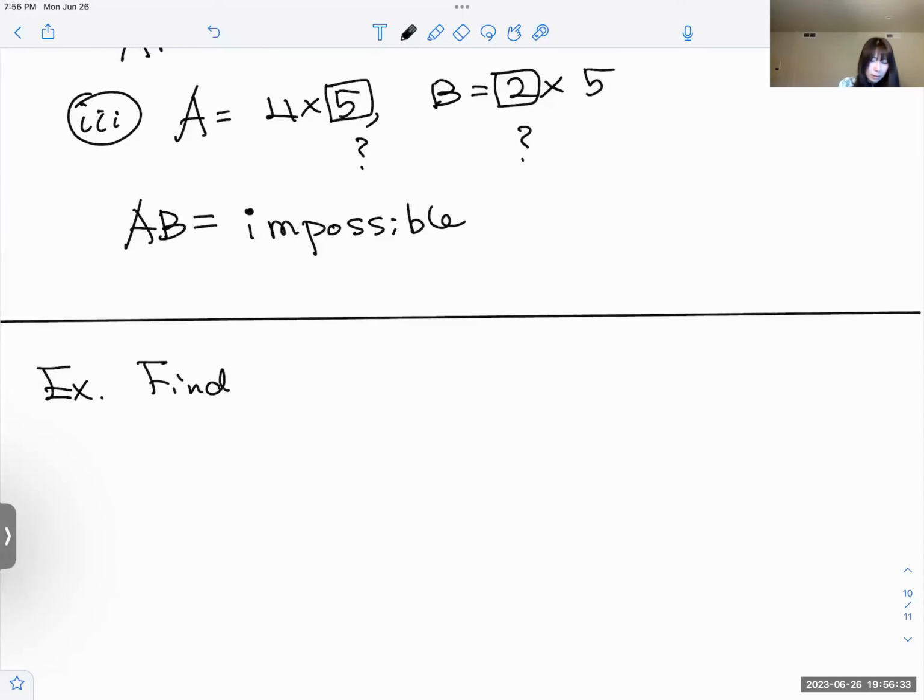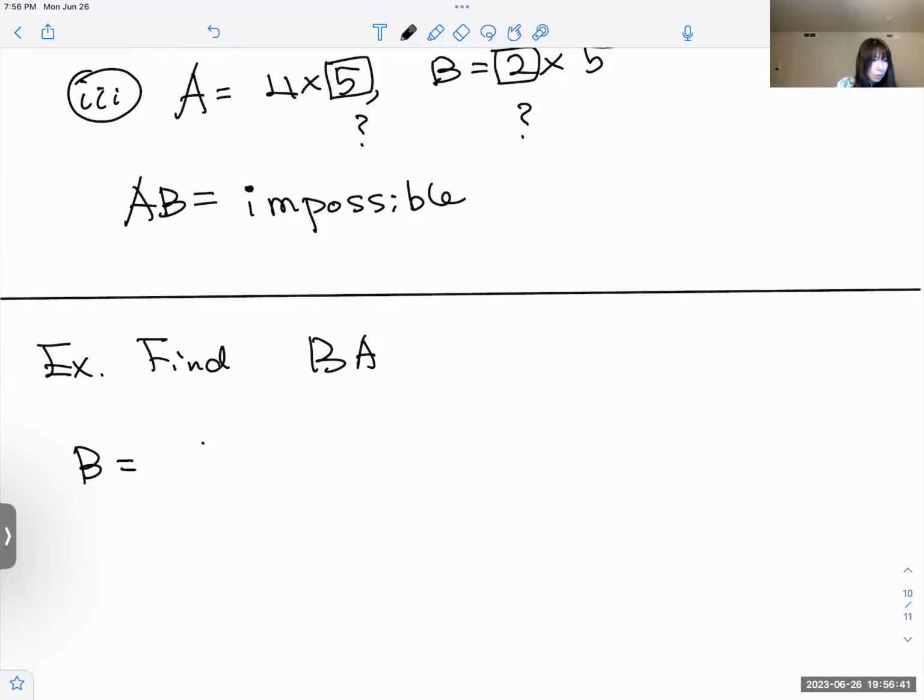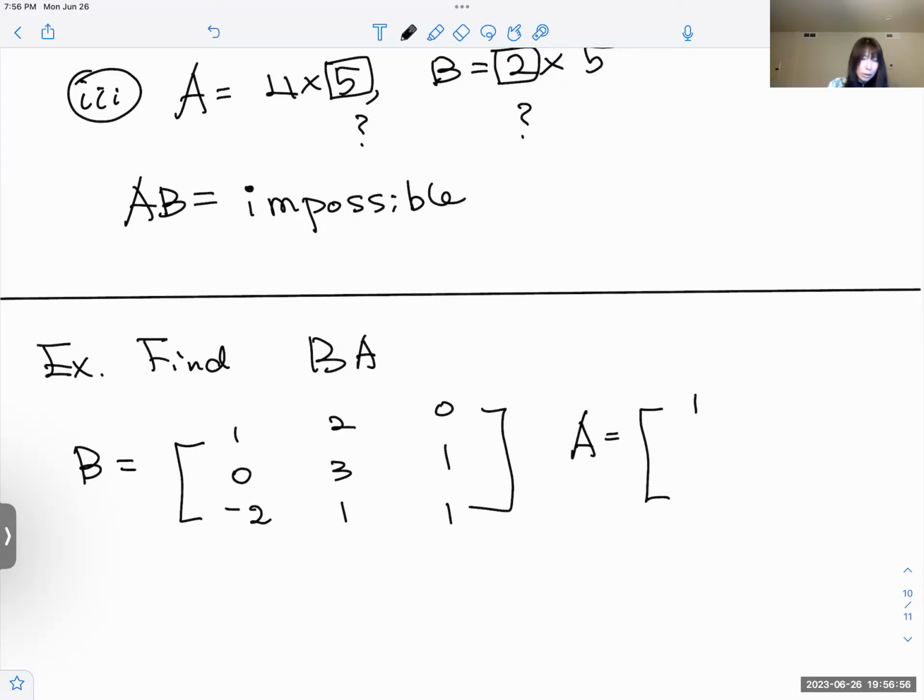Find BA if B equal to 1, 0, negative 2, 2, 3, 1, 0, 1, 1, and A equal to 1, 0, 2, 2, and 1, 1.